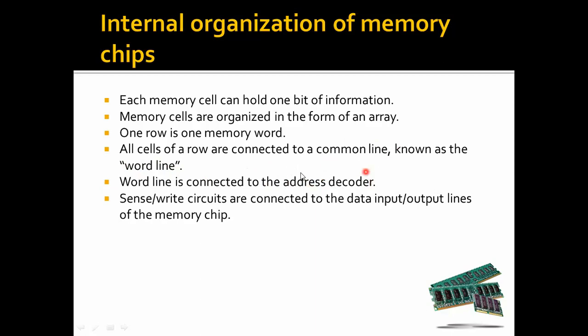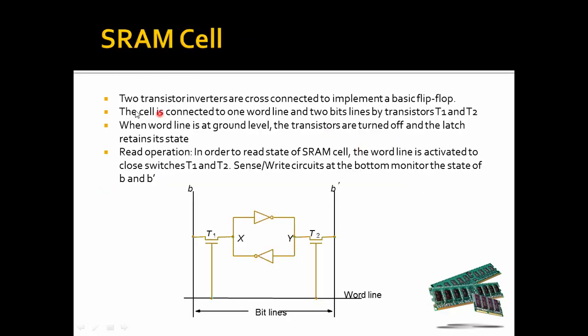Address decoder. So these are the memory cells. Here, SRAM cell, that is static RAM. RAM means random access memory. If you take one cell in that static RAM, this is the structure of the SRAM cell.